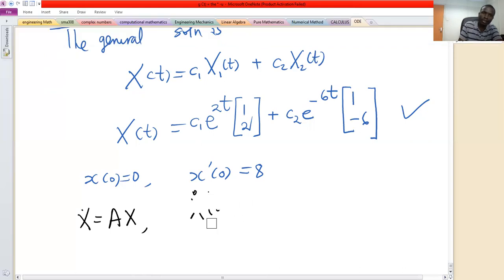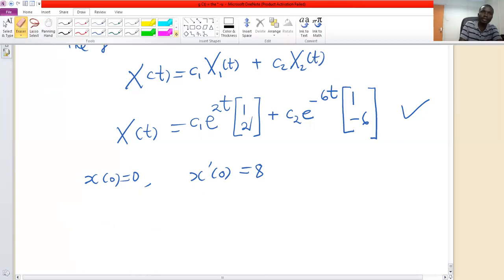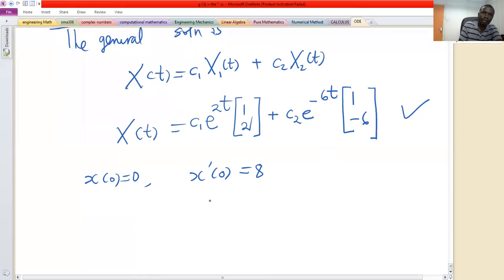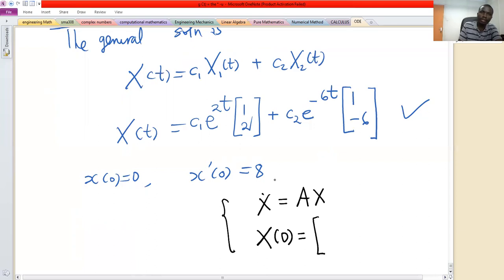In short, with these initial conditions, we can write them as: we had a problem x dot equals Ax, and then we say x of 0 is given by the vector (0, 8). So the first line is the x value, and then the second line is the derivative at 0.